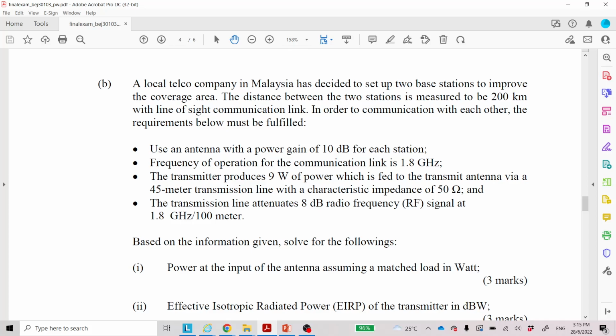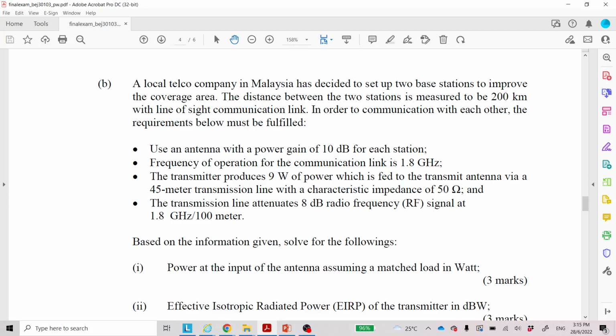The power was fed into the transmission line and arrives at the receiver. The transmission line has a length of 45 meter with Z naught equal to 50 ohm.